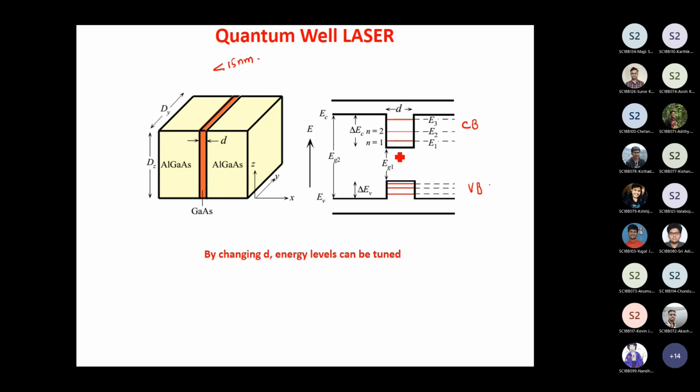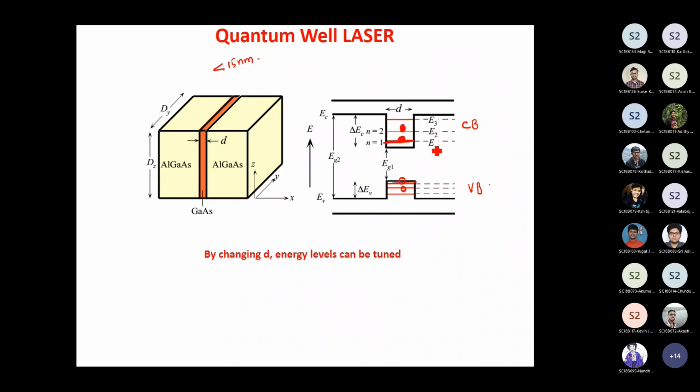This E1, this line, is the ground state, and this is the excited state. That means the ground state of the electron is going to be here, the ground state of the hole is going to be here. The first excited state of the electron is going to be here, the first excited state for the hole is going to be there.